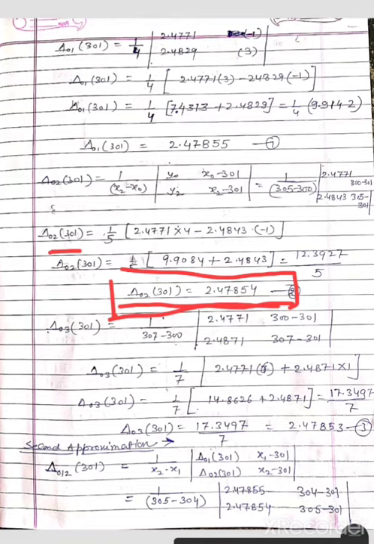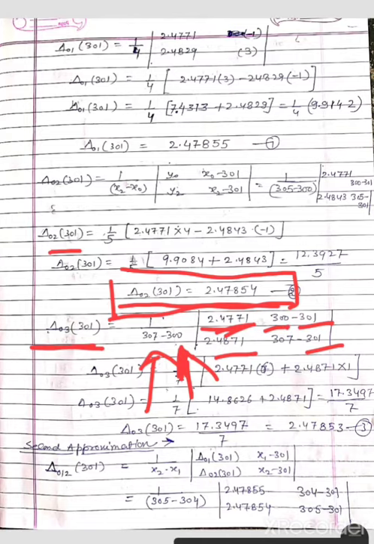Similarly, we can obtain the first approximation by considering the points 0 and 3. To solve this delta 03, we put the value x3 equals 307 and x0 equals 300, and y0 equals 2.4771 and y3 equals 2.4871 and x equals 301.